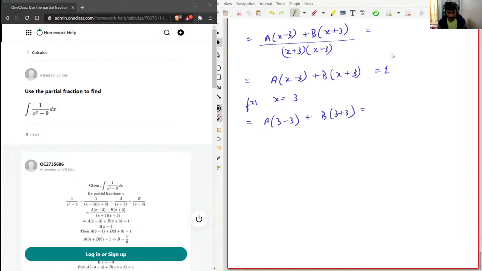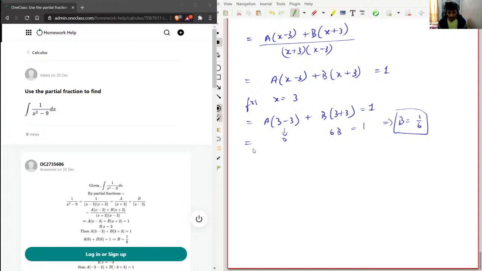It will be 1 here. So this is 0, this is 6b equal to 1. This implies b will be 1 over 6.